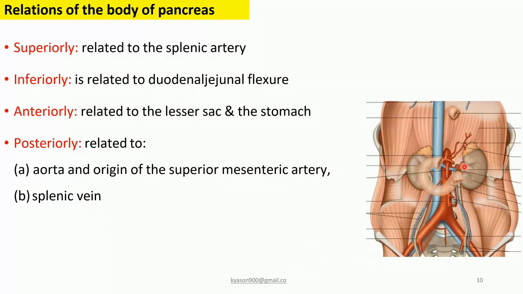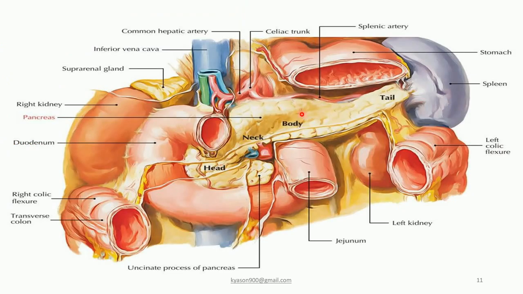So here the pancreas is not shown, but we can see structures that lie behind it: the abdominal aorta and the origin of the superior mesenteric artery. All these structures are behind it. Of course, we also have the splenic vein, as we are going to see. So this is the body, that's the body of the pancreas.